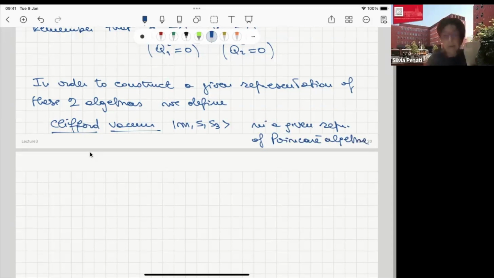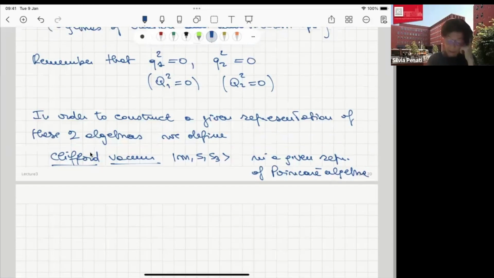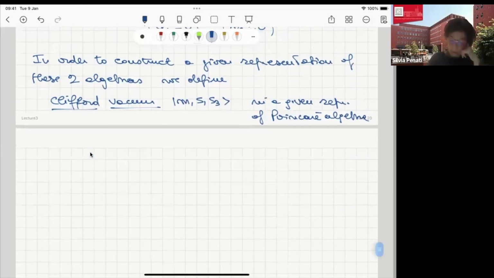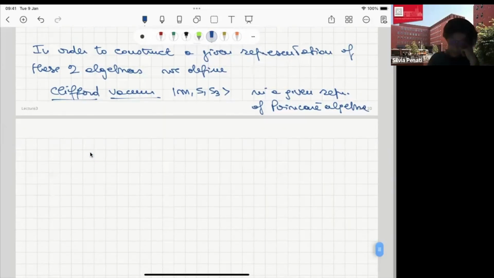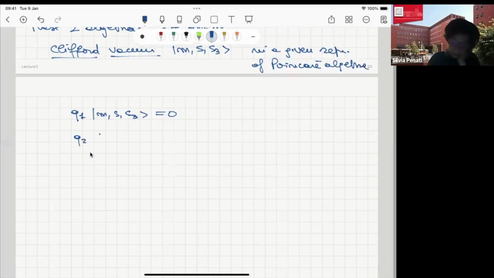So it carries mass, it carries spin, but being the Clifford vacuum of these two algebras, it is defined by the conditions that Q1 on this state is equal to 0, and Q2 on this state is equal to 0. This is the definition of Clifford vacuum.